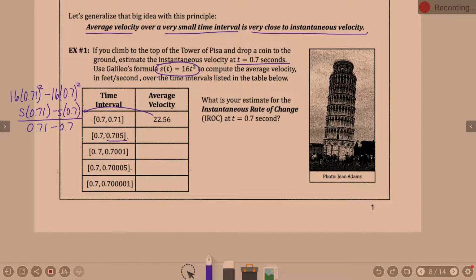In my denominator, 0.705 minus 0.7. Sorry guys, it's hard to see my calculator screen up there, isn't it? I have a glare, but that's a little bit better, depending. Okay. Did we get the answer we're supposed to get? Yes.